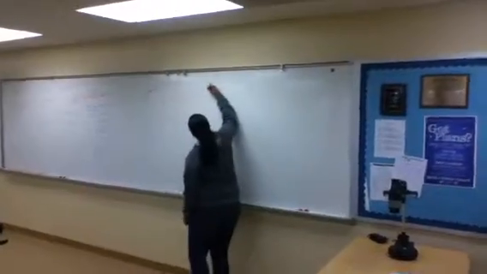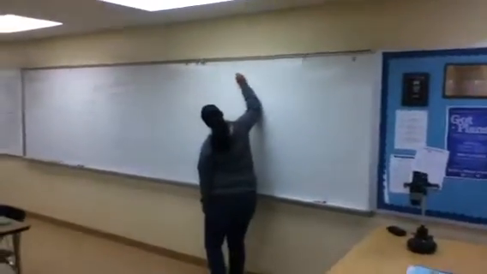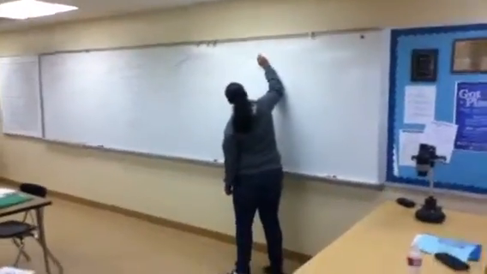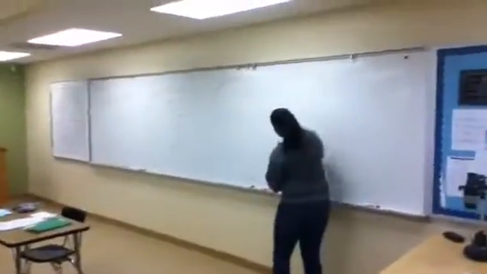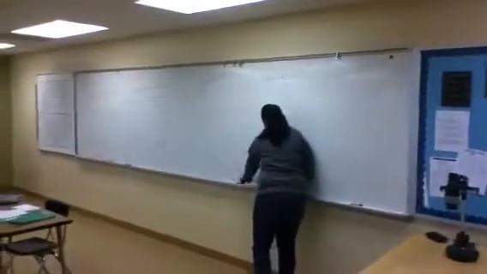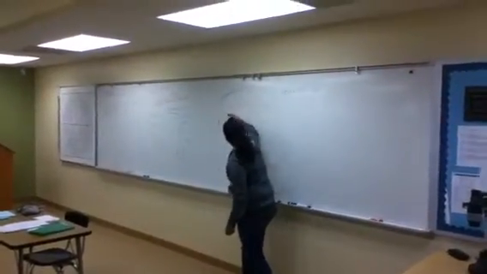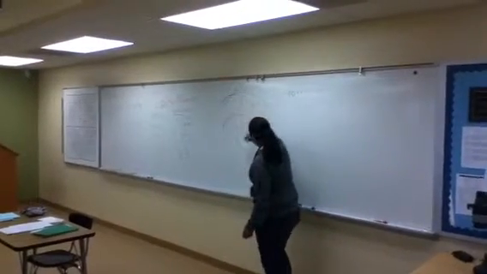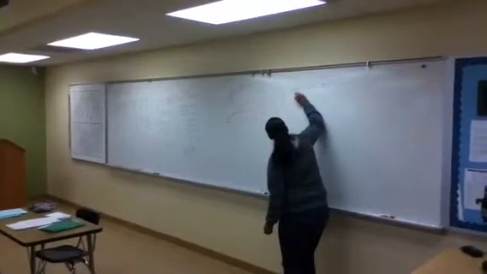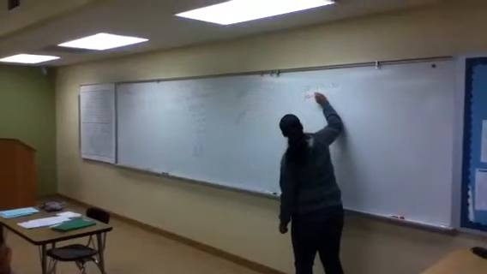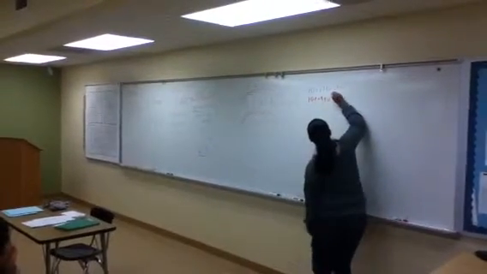Then we get negative 10x plus 15y equals 20. And for this one, after we distribute this 2 to every single term in the equation, we get 10x plus 4y equals 18.